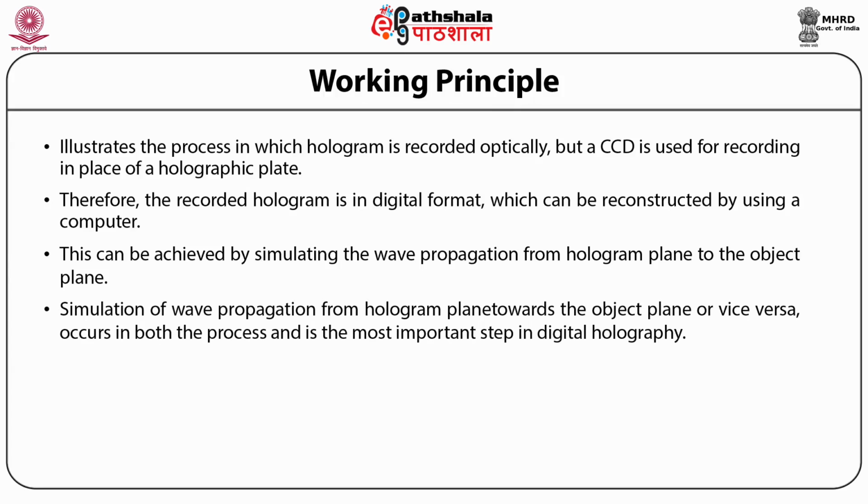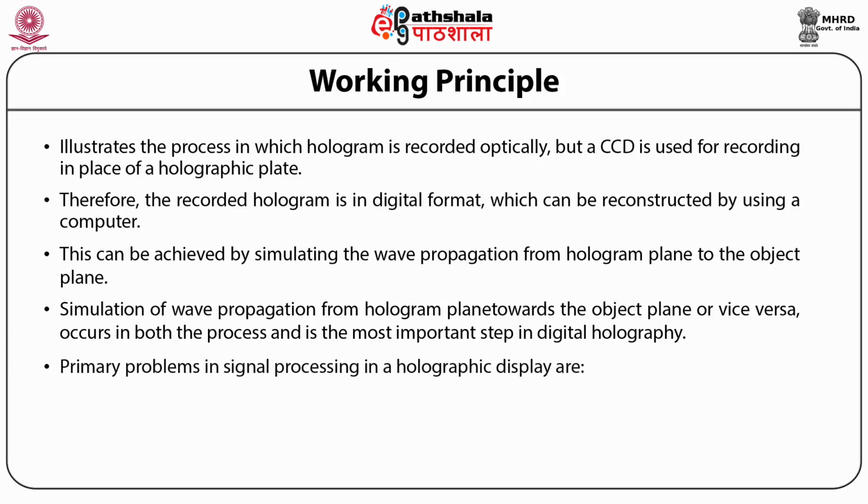Simulation of wave propagation from the hologram plane towards the object plane or vice versa occurs in both processes and is the most important step in digital holography. This is basically a signal processing problem.